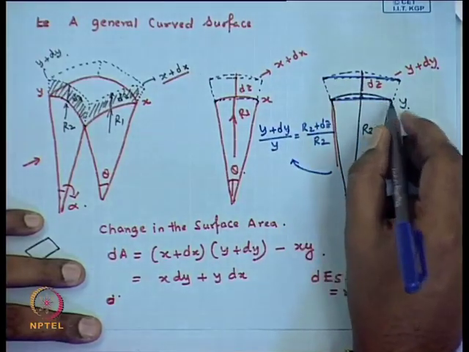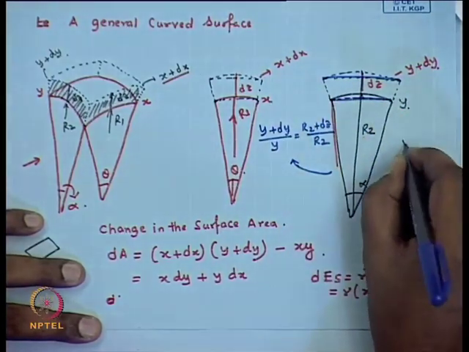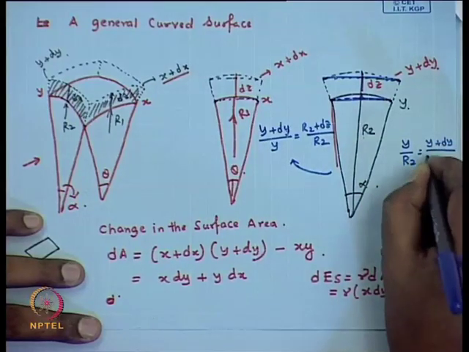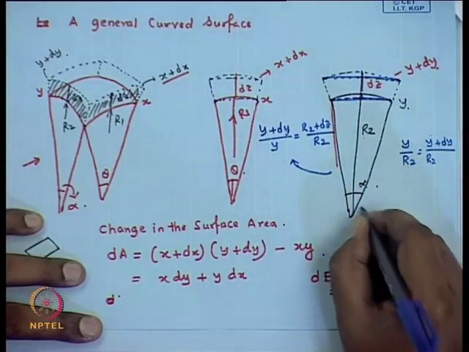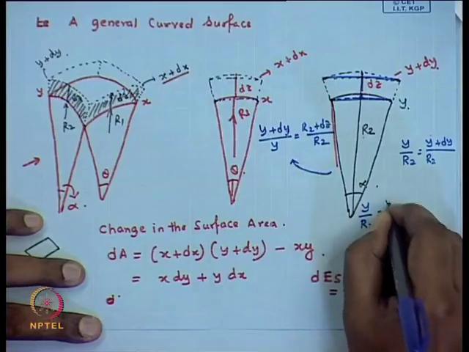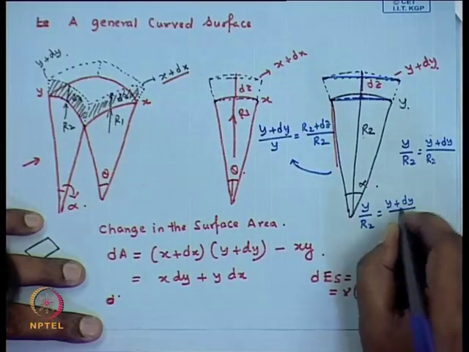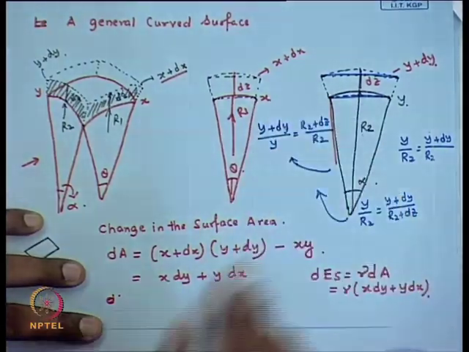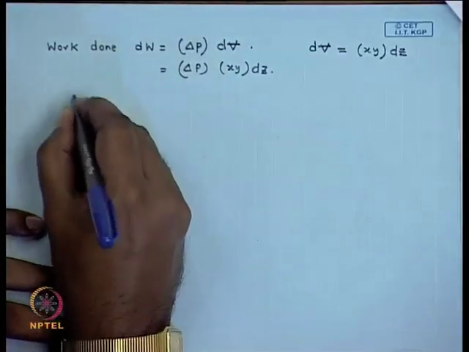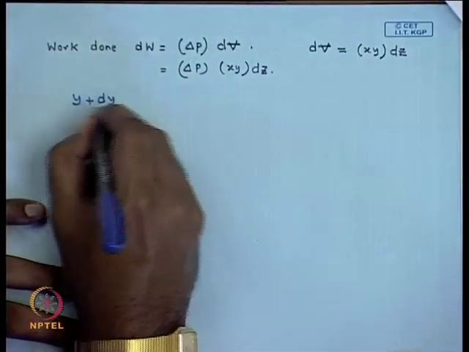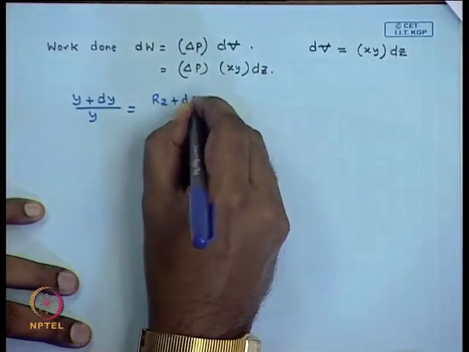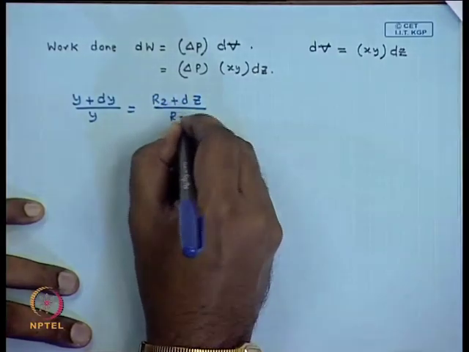So, what comes out exactly is y by r2 is dy divided by dz. You do a little bit of reorganization, you get to this setting. So, from one of the similar triangles we get y plus dy by y equal to r2 plus dz by r2.